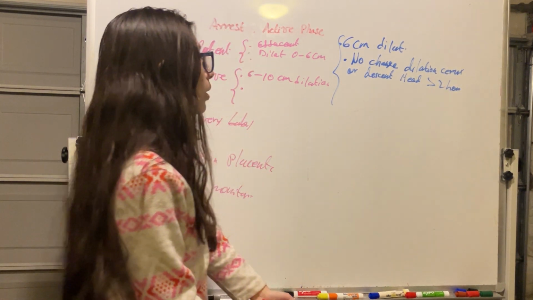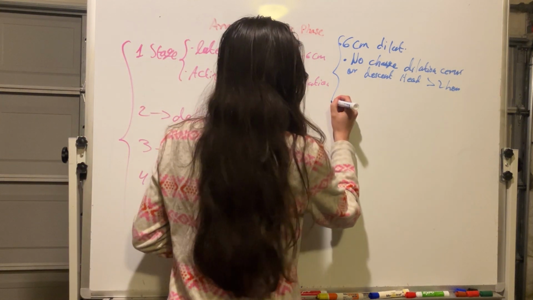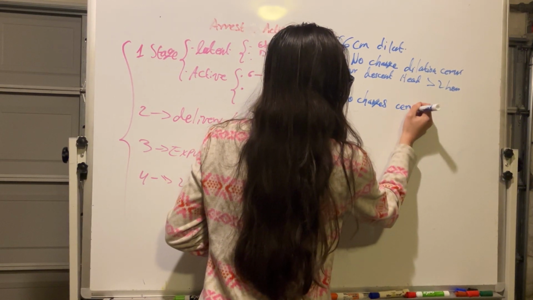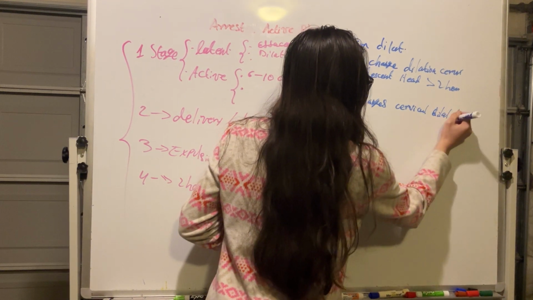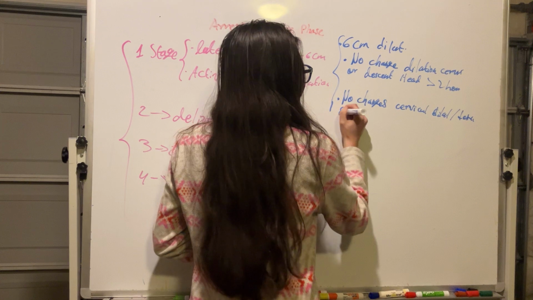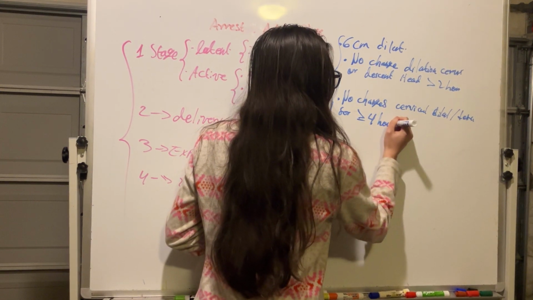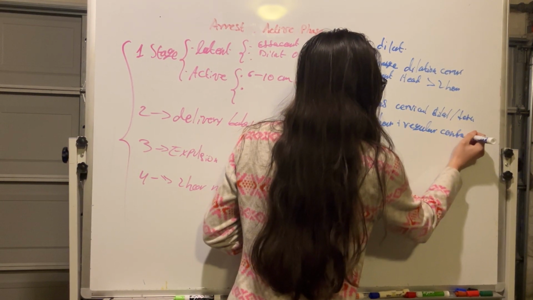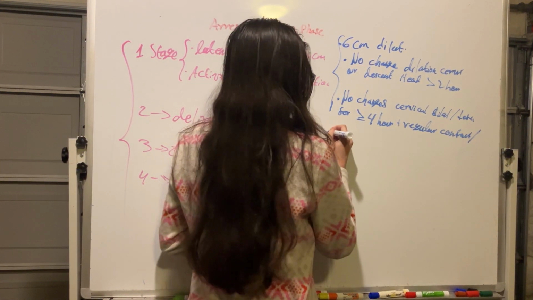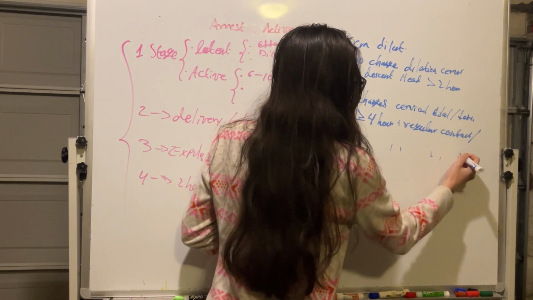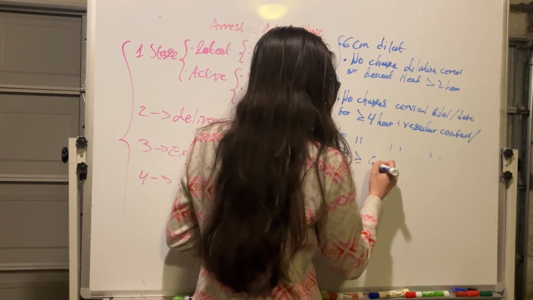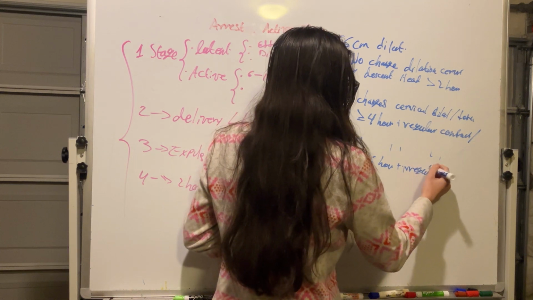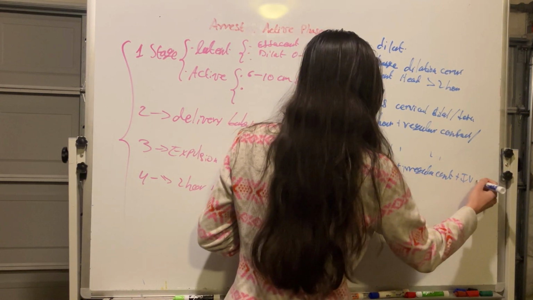But a more specific definition of this is if we have no changes in the cervical dilation or the head descent for more than 4 hours, if we have regular or adequate contractions, or no changes in cervical dilation or head descent for more than 6 hours, if we have irregular contractions, and so we are giving IV oxytocin.